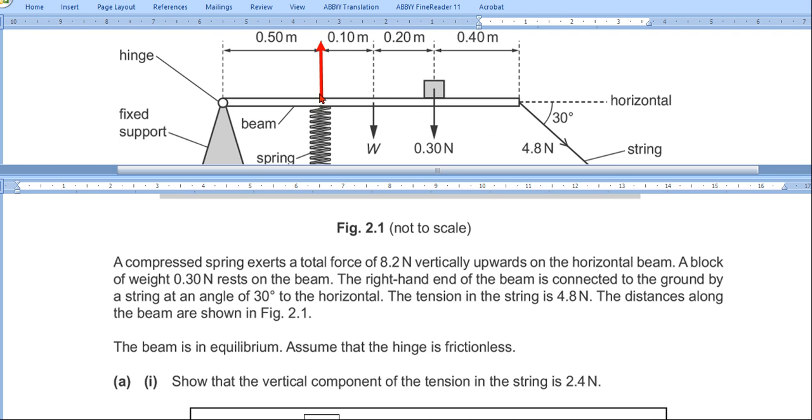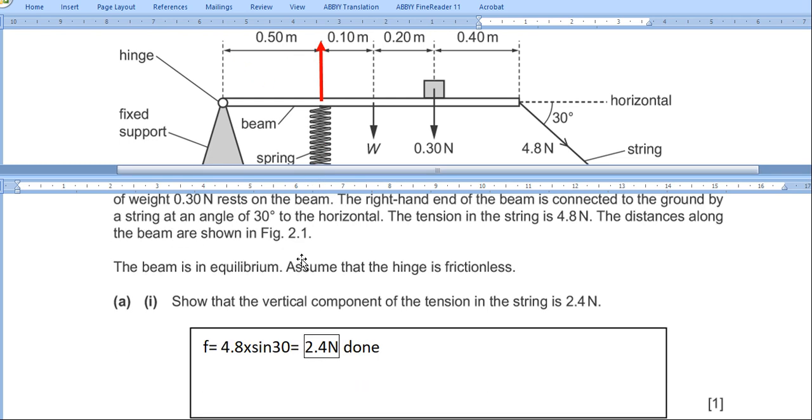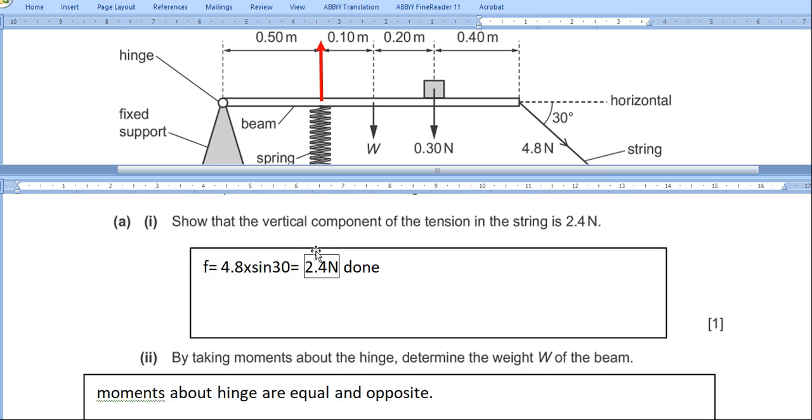Also, anti-clockwise moment is produced only by the spring, and all forces and distances are given. Show that the vertical component of tension in the string is 2.4. Yes, so the vertical component is opposite to the angle 30 degrees, so sine 30 gives us half, so 2.4.